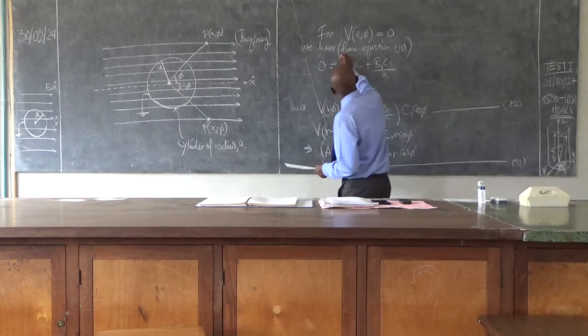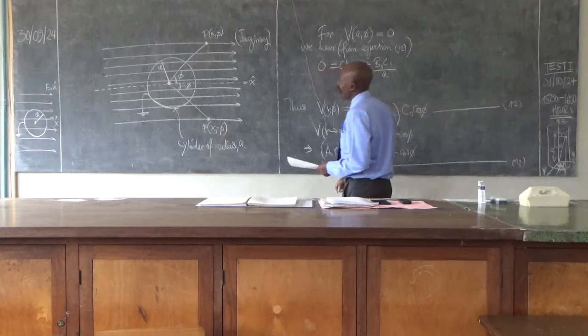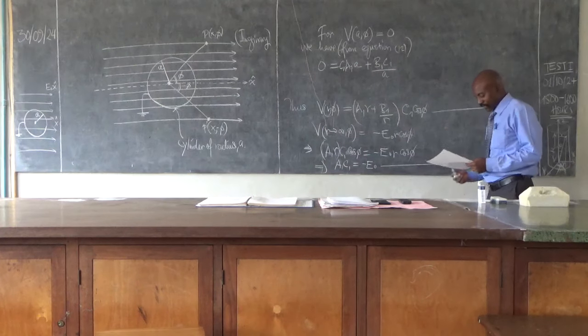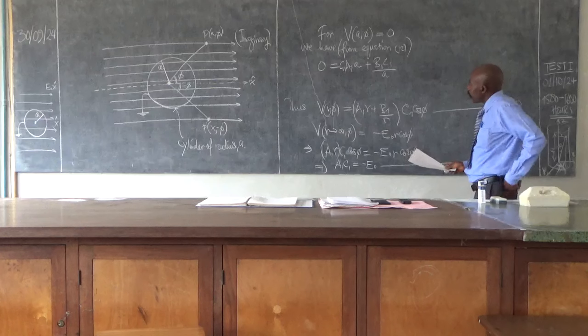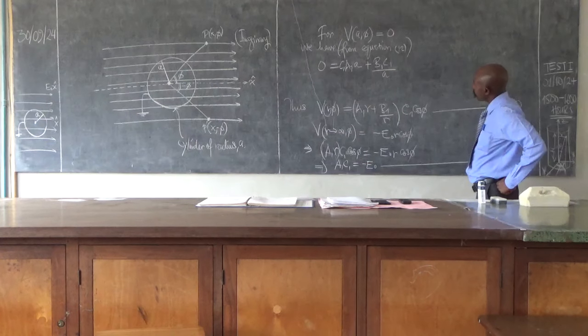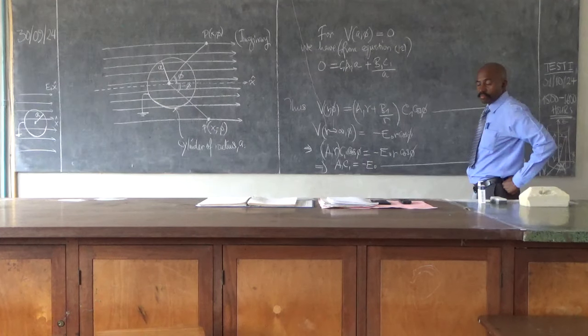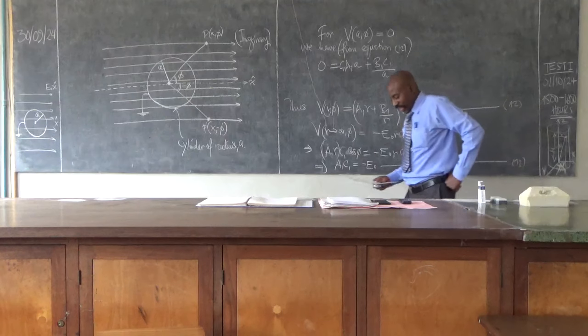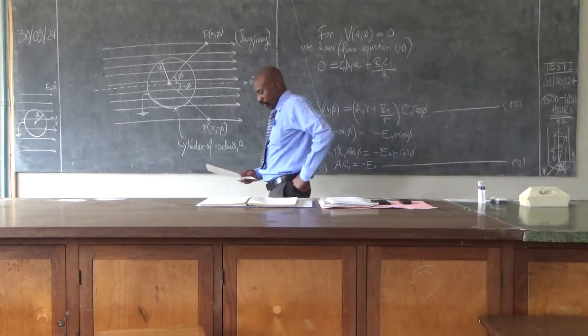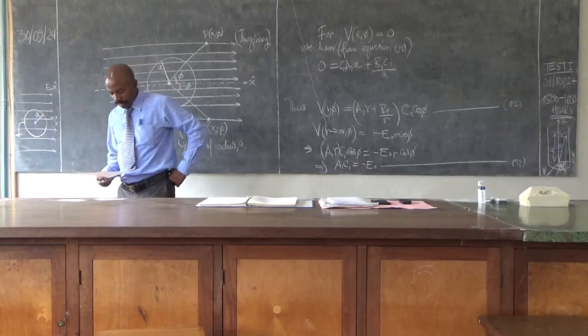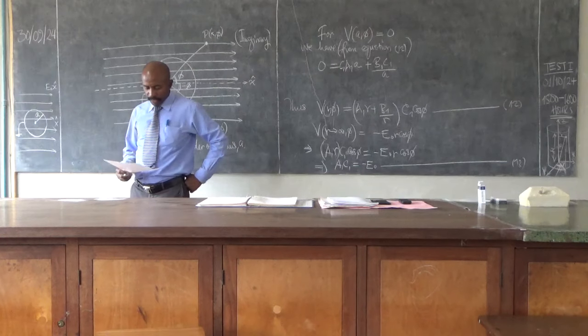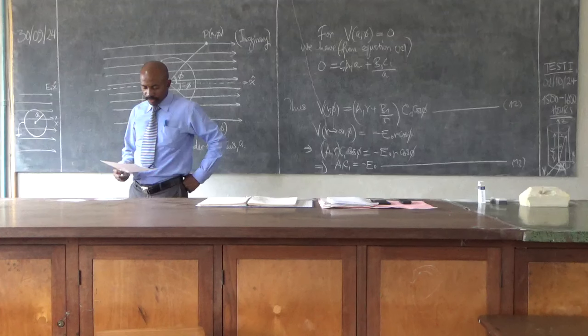Okay, let me make my life easy. Simple. The cos phi. So from equation 12, V is equal to 0.